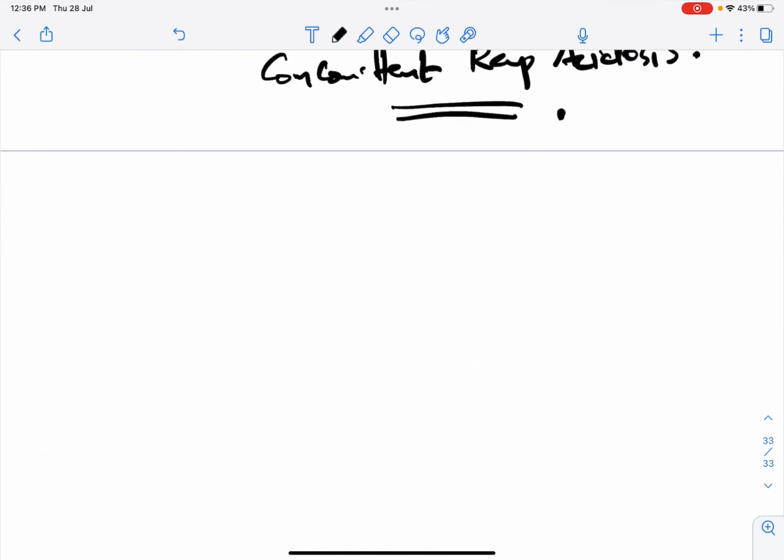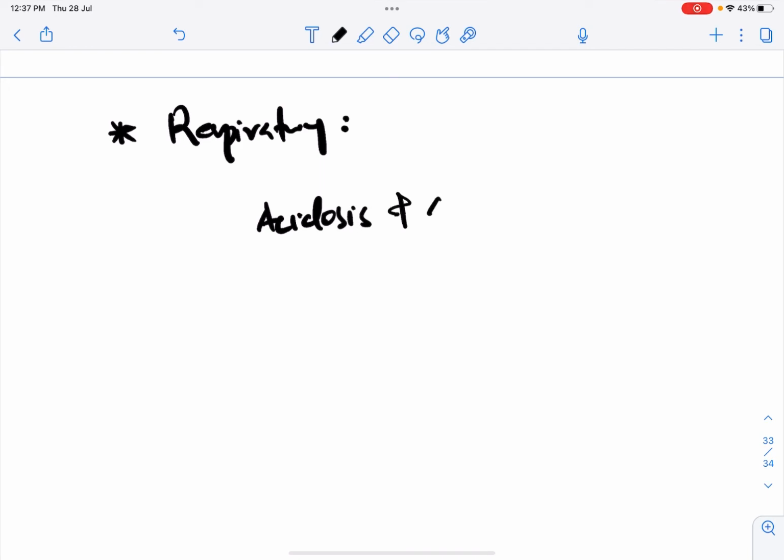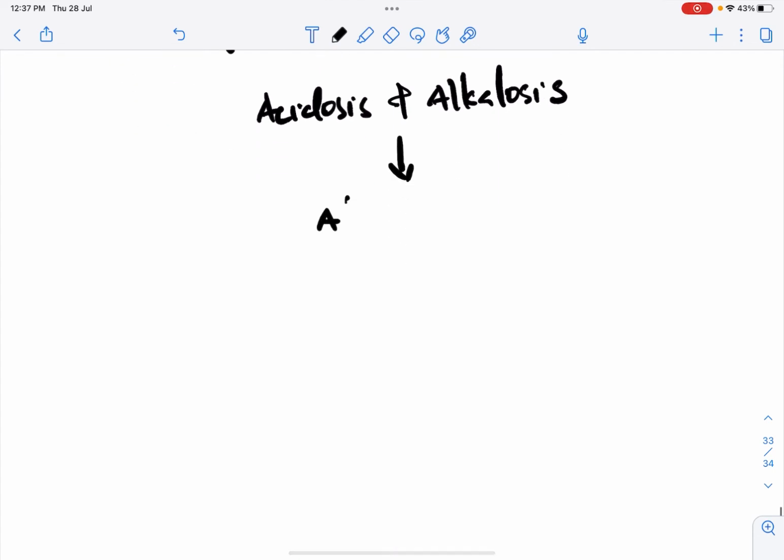Okay. Then going to the respiratory conditions. Respiratory disturbances. In the respiratory part, whether it is acidosis or alkalosis, for both we first have to look whether it is acute or chronic.